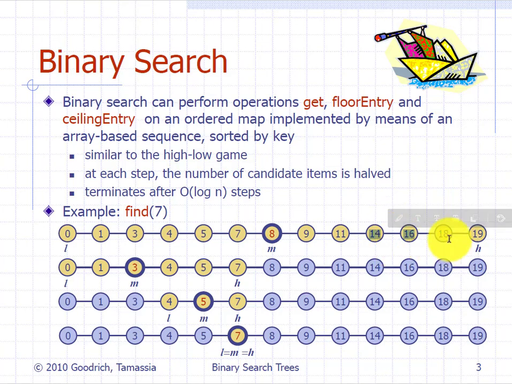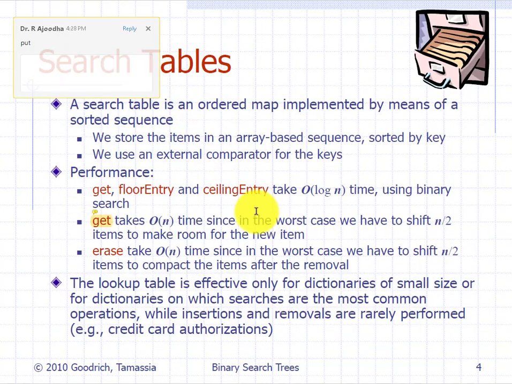Which also means I would need to shift 19 to the next cell, shift 18 to the next cell, shift 16 to the next cell, then I can put 15 in here. So even though finding where 15 goes, finding where k goes, is log n, we still need to do shifts. We need to make room for it. So it'll be O(n).